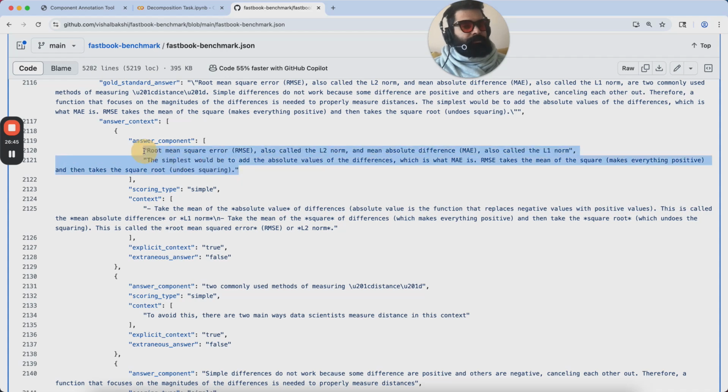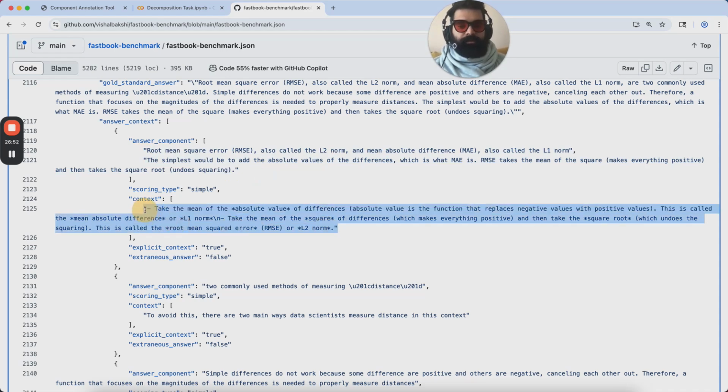So we have these two answer components, and they both correspond to this context. So take the mean of the absolute value of differences. So that's this. This is called the mean absolute difference, which is what that is. Or L1 norm, take the mean of the square of the differences, take the square root.